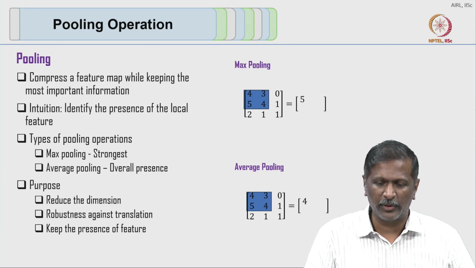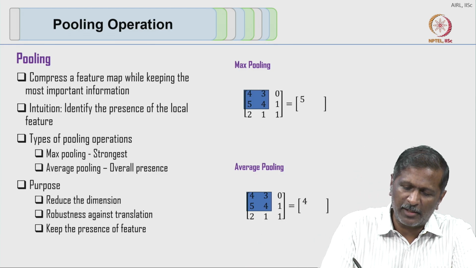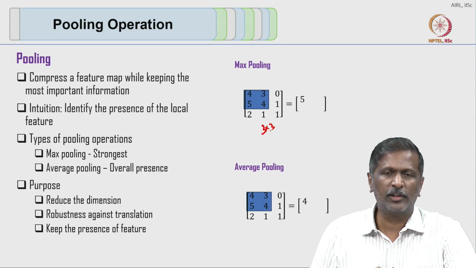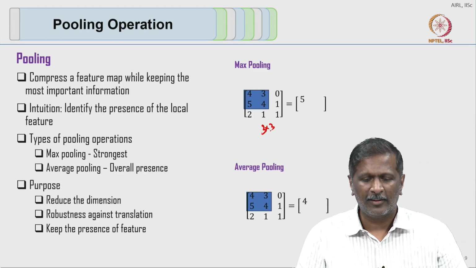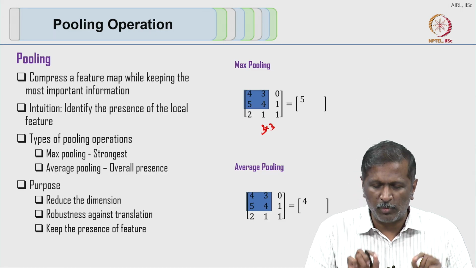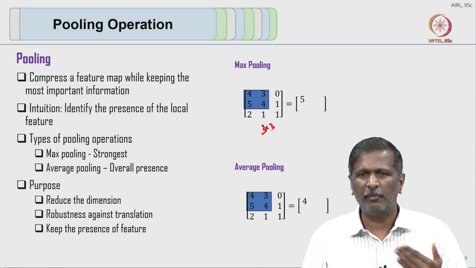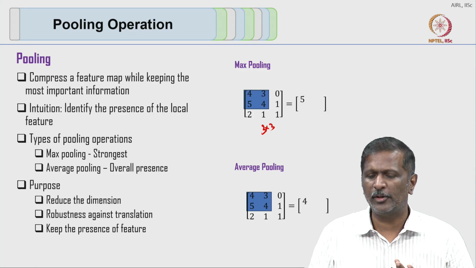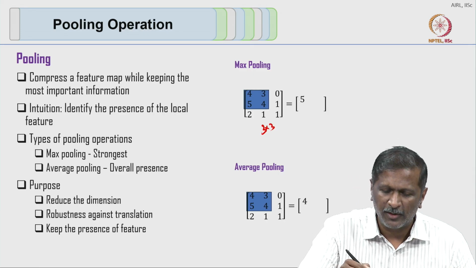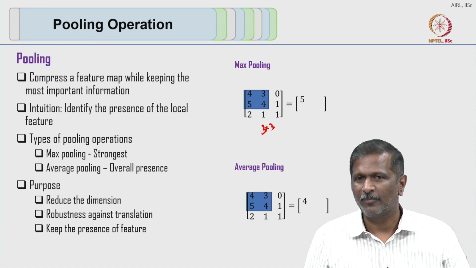For example, if I take a 3 cross 3 feature map and want to do max pooling, max pooling means you take a small patch, find the maximum number, and that is the information I want to retain; the rest I do not want. So you look at this patch, the maximum is 5, I kept it.